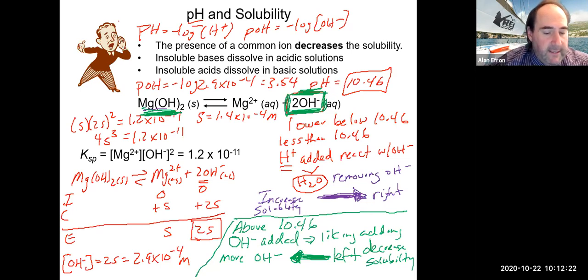But if we put that magnesium hydroxide in a solution that's less than 10.46, we won't see the solid. We need to get that solution to a pH of 10.46 in order to actually see that solid appear. So pH can definitely play a factor in whether or not you see something dissolve. Any questions on that?